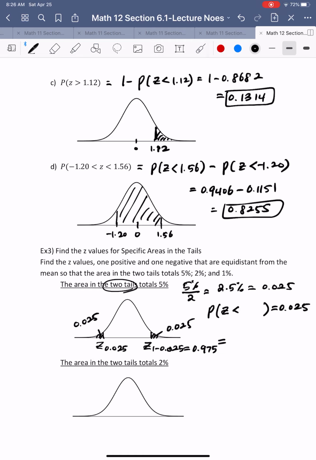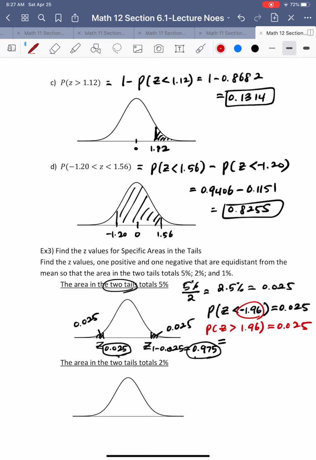So we're looking for this area as a z-score. If you're looking for this area on the table, it's about negative 1.96. So the answer is 1.96. And also P of z greater than 1.96 is almost 0.0252.